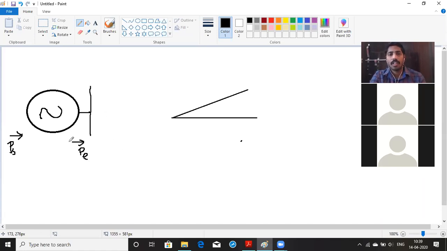So what is this delta? We always name it delta: E at an angle of delta.